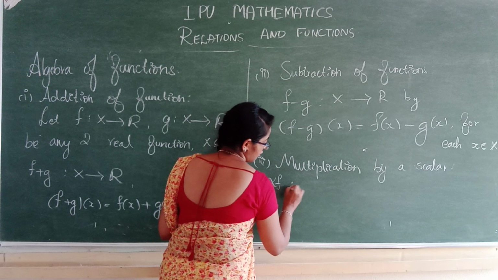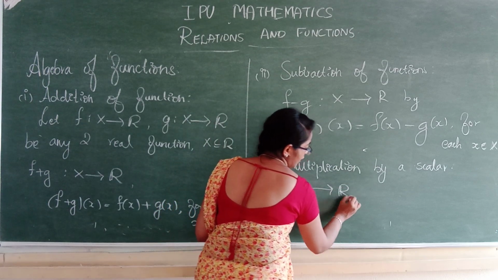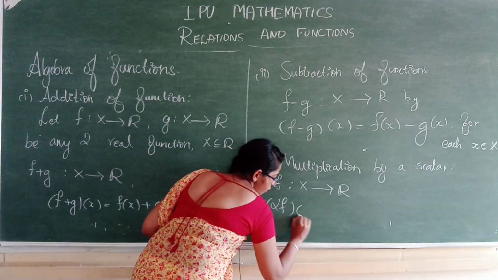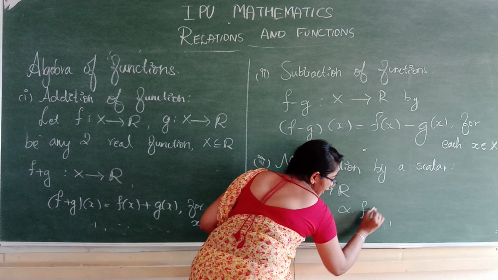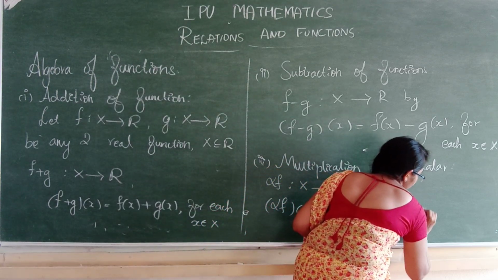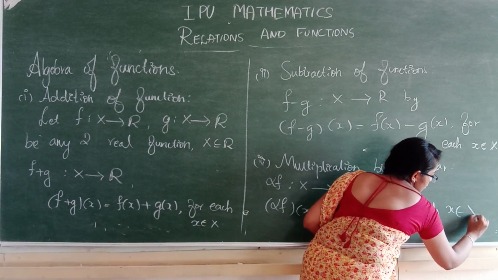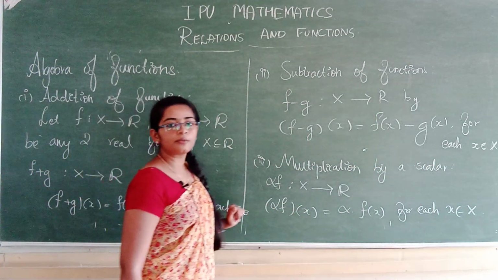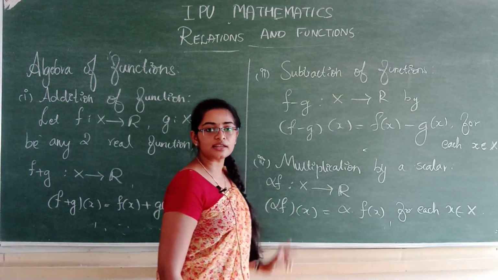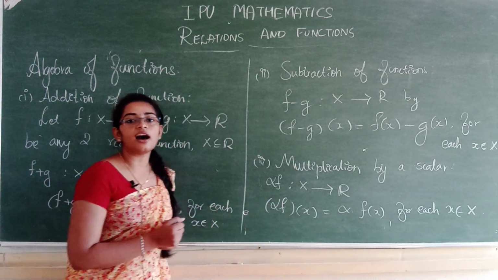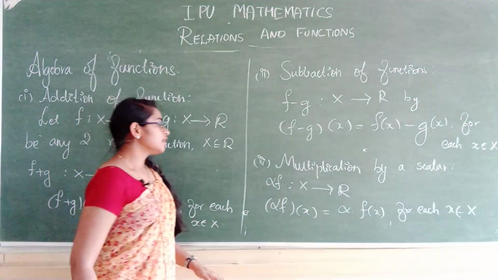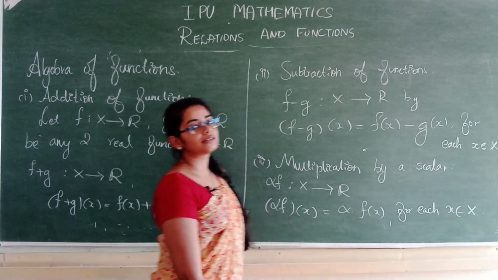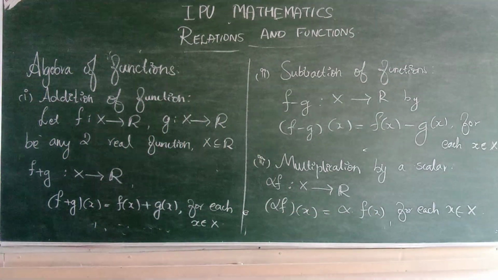It is a function from X to R. We define this function as alpha f of x is equal to alpha into f of x for each x belongs to the domain X. Note that alpha is a scalar, that is, a real number. This is how we define multiplication by a scalar.